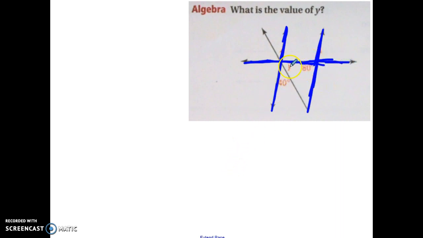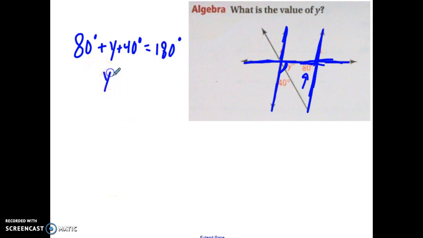From there, I know 80 degrees here, and this together would make this whole angle here. 80 and y and 40, they're same side interior all together, so that makes them supplementary, which is 180. When you subtract the 40 and subtract the 80, you'll get 60. So y is 60. That's how these problems work.